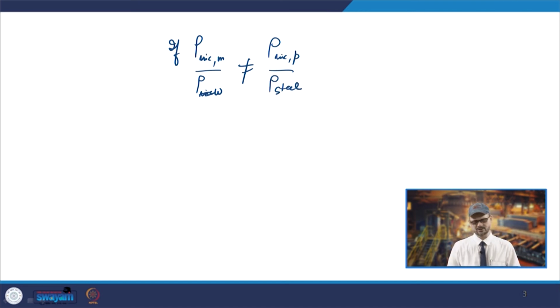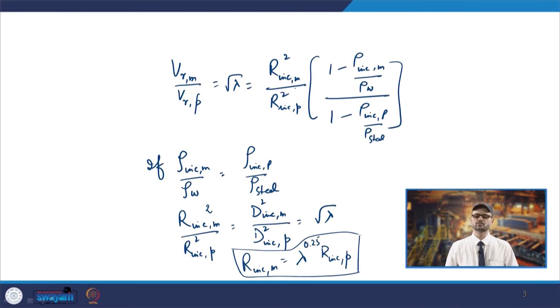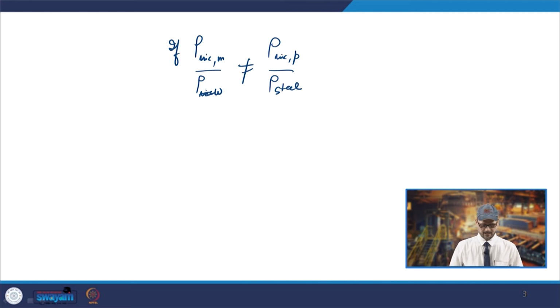Now, in that case if you look at this equation, if this is not the same, what will you get? You will get R inclusion model by R inclusion of prototype.